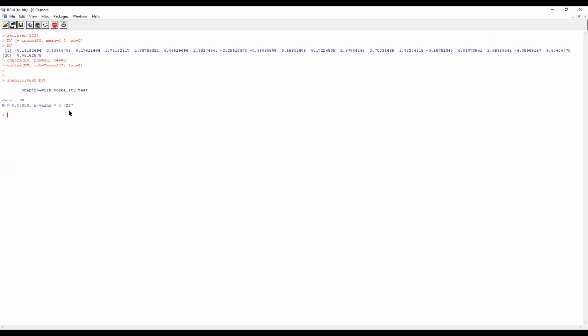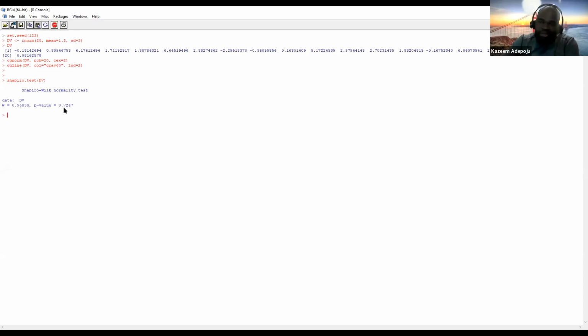Yes. Okay, so when you look at the p-value right here, it is going to be compared with the level of significance. The level of significance is 5%, which is 0.05. The p-value here is greater than 0.05, and this suggests that the data set is normally distributed.